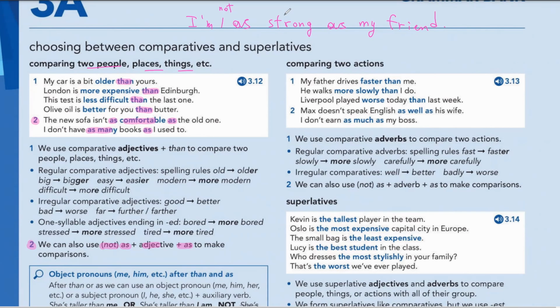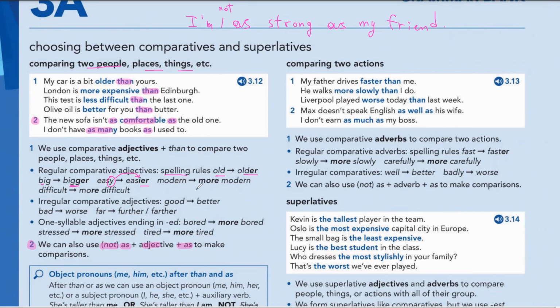Okay, guys, so that is comparing people, places, and things with adjectives. And obviously here, spelling rules, level 3. If it's old, you just put ER, older. Big, you need to make a double consonant, bigger. Easy: when you want to add ER to an adjective ending in Y, the Y has to change to I, right? And then easier.